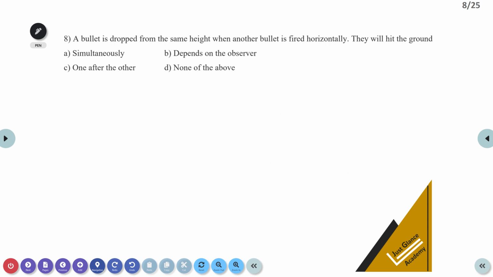A bullet is dropped from the same height when another bullet is fired horizontally.